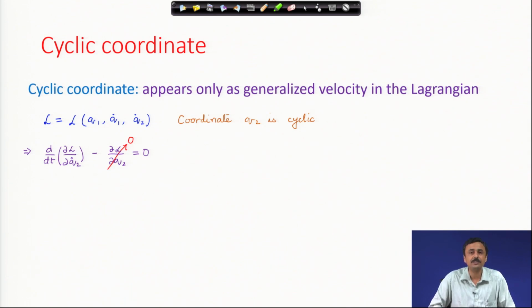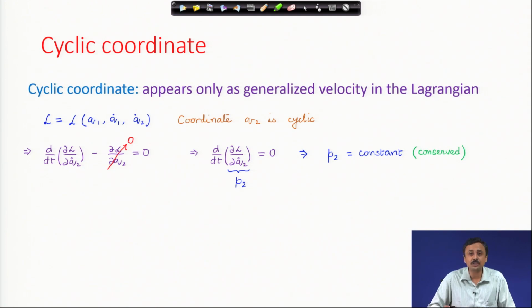What therefore it says is, in the presence of a cyclic coordinate, the total time derivative of that generalized momentum is 0. This is the generalized momentum, we will call it p2, and its derivative is 0. The total time derivative of p2 being 0 means p2 is conserved. It is a constant quantity. It is conserved as the system evolves.